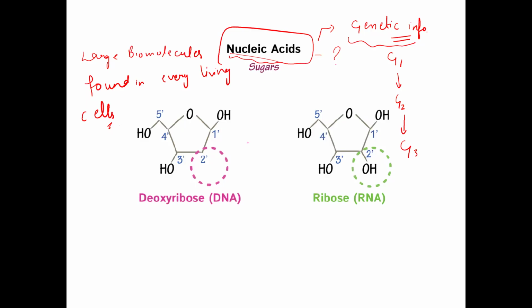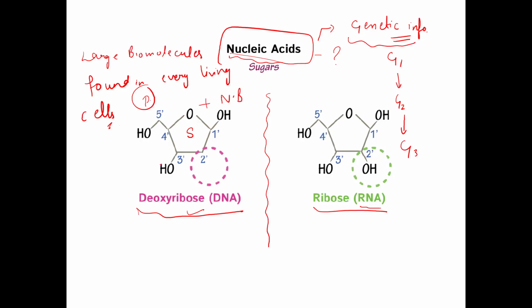The two main types of nucleic acids: first one is deoxyribose nucleic acid, second is ribose nucleic acid. So DNA versus RNA. Let's understand the difference between these two. The structure of DNA is composed of one sugar group, one phosphate group, plus a nitrogenous base group.